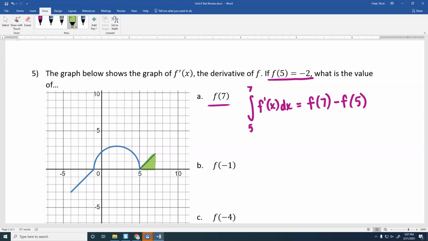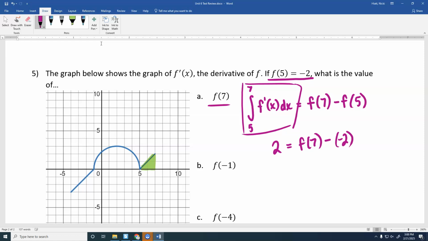And that has an area of 2. So I can replace all of this stuff right here with 2. F of 7, I do not know. That's what I'm trying to find. But f of 5 is negative 2, so I can have that there. So 2 equals f of 7 plus 2. I would subtract 2 from both sides, so 0 would be my f of 7 there.